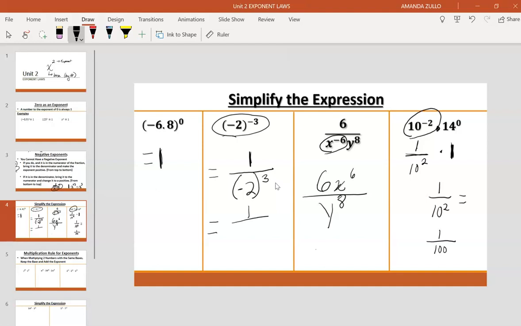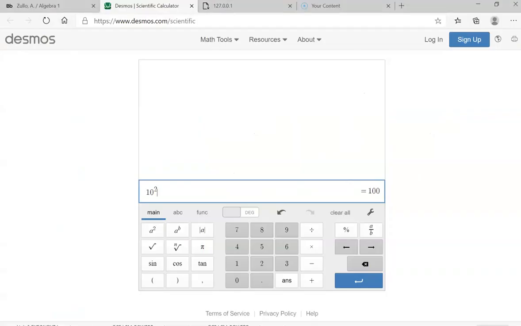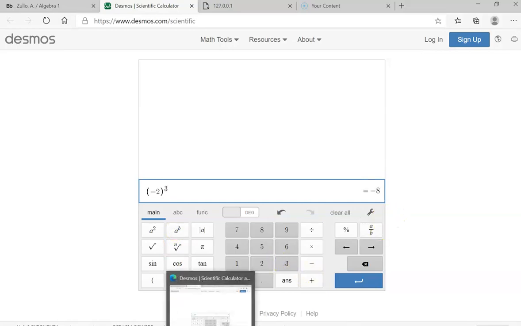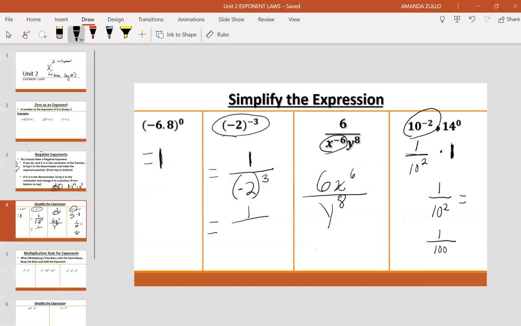Negative 2 to the 3rd power in the bottom. So negative 2 to the 3rd power is negative 8. So we have negative 8. You could write it as that.